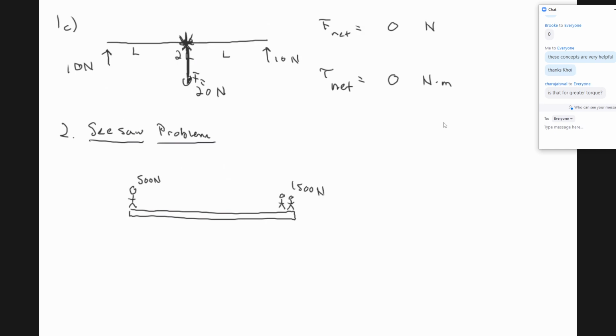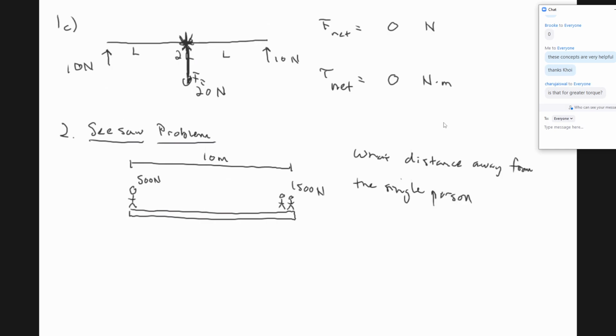Given that this whole seesaw is 10 meters long, I want to know what distance away from the single person the fulcrum is placed.